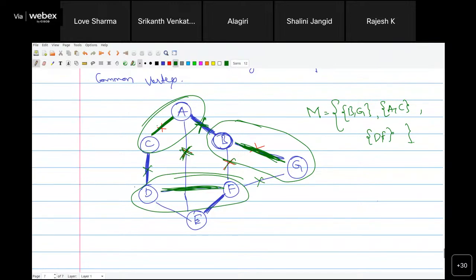So a practical example for this kind of matching is marriages or classroom mappings. Teacher and classroom: one teacher should be allotted to one classroom, and there can be multiple classrooms, like 10 classrooms, and each teacher can go into any classroom. But once one classroom is taken by one teacher, no other teacher is allowed into that particular classroom.